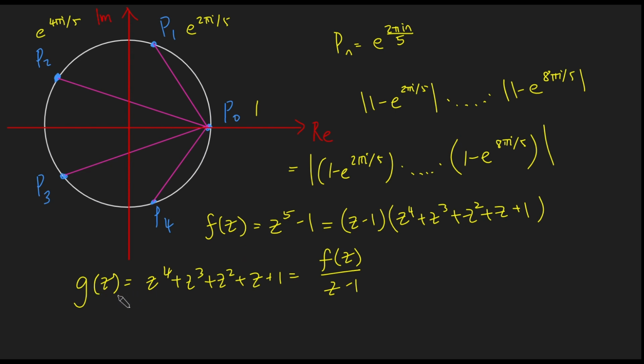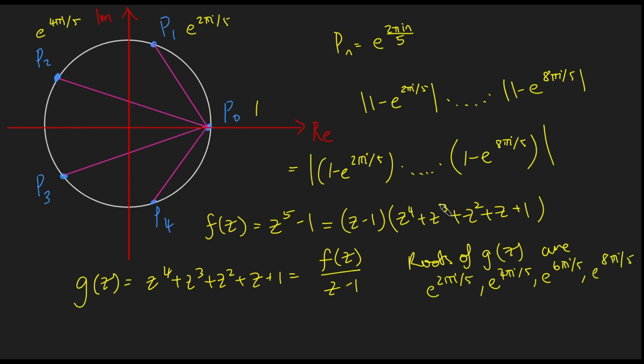But conveniently, the roots of g of z are almost the same as the roots of f of z, except for z is 1. So we know that the roots of g of z are e to the 2 pi i over 5, e to the 4 pi i over 5, e to the 6 pi i over 5, and e to the 8 pi i over 5, like so.